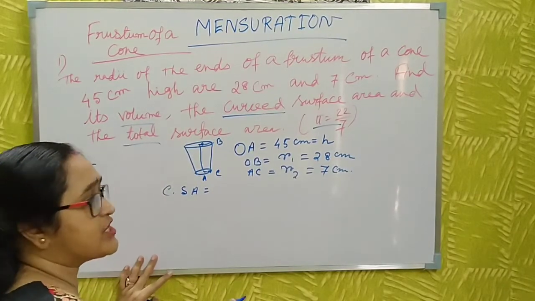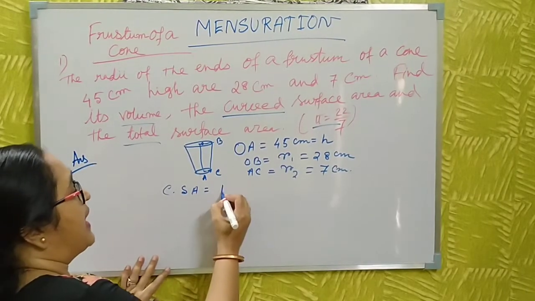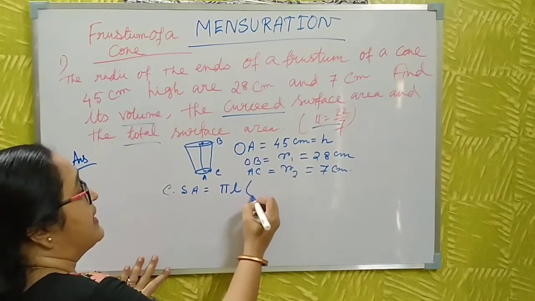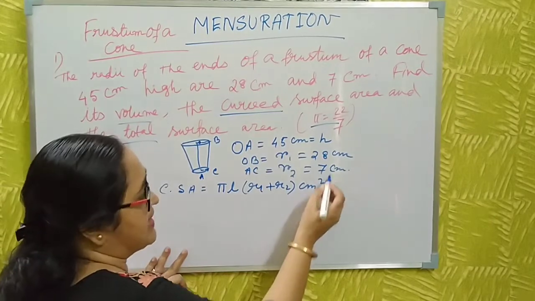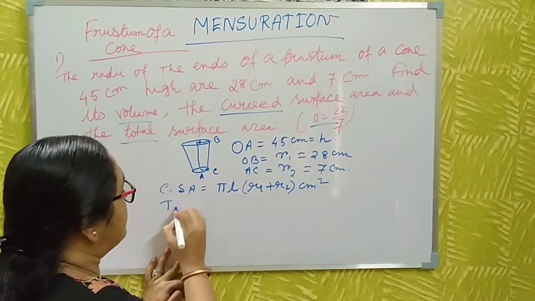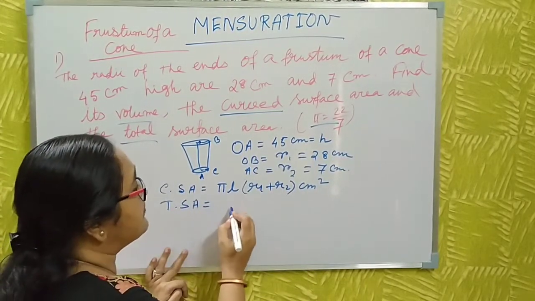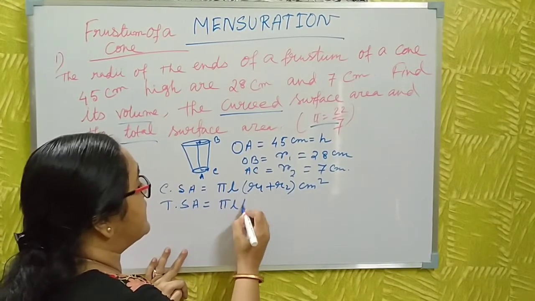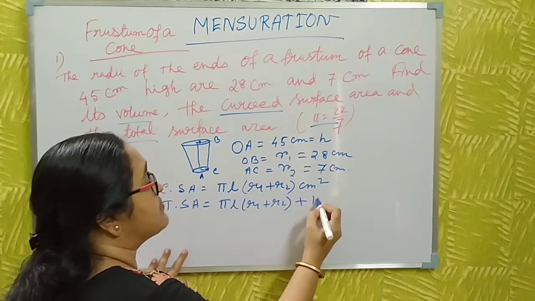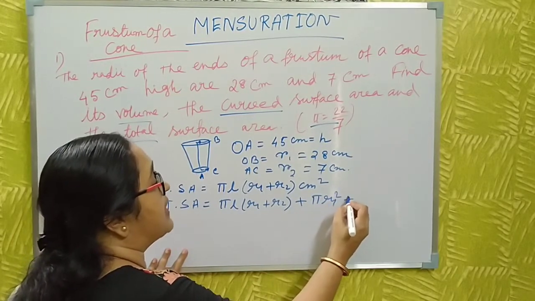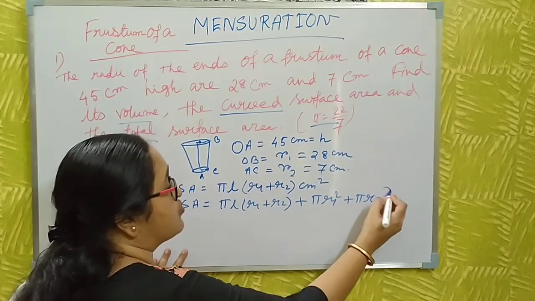The formula of CSA of a frustum is pi L into R1 plus R2, in centimeter square, because the unit is centimeter. And the total surface area formula is pi L R1 plus R2 plus pi R1 square plus pi R2 square.